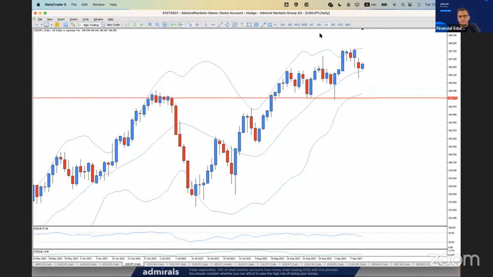At first, it's more volatile, and the swings last longer on the USD JPY compared to the Australian dollar, US dollar. Now, why is that? Different economies, different fundamentals also.